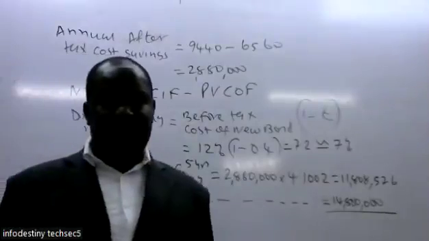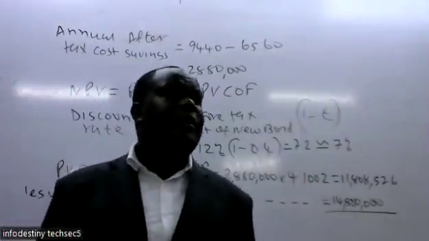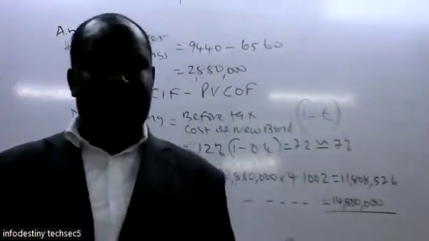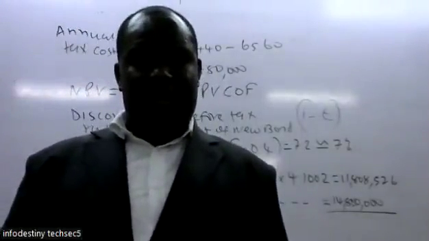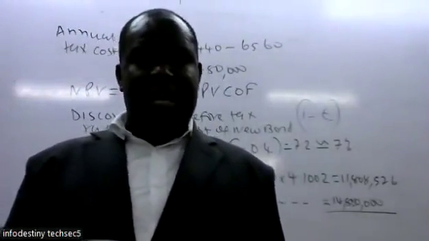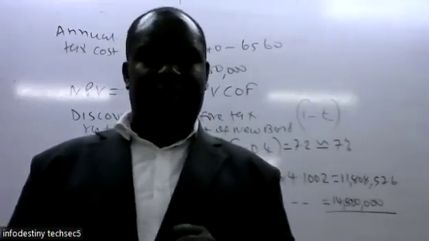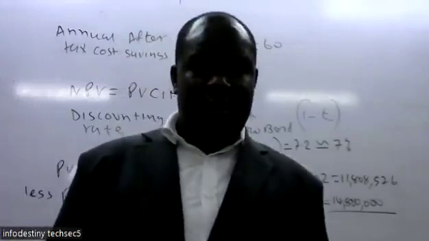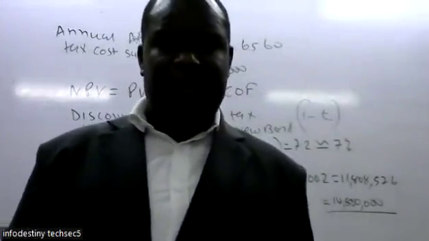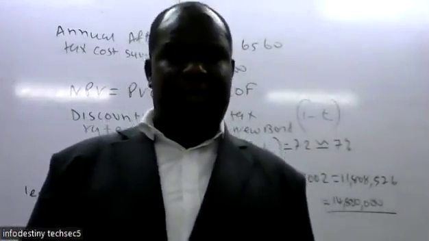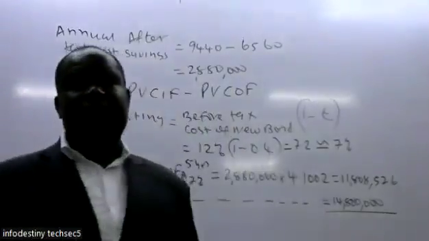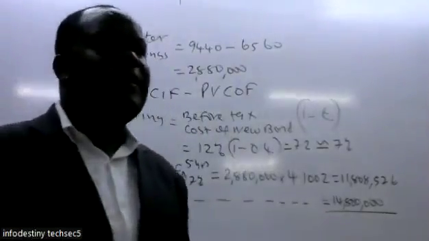A finance lease goes beyond 1 year, but an operating lease is normally within 1 year. Required: one, net present value if the firm decides to buy the machine; two, net present value if the firm decides to lease the machine. Then finally we advise.